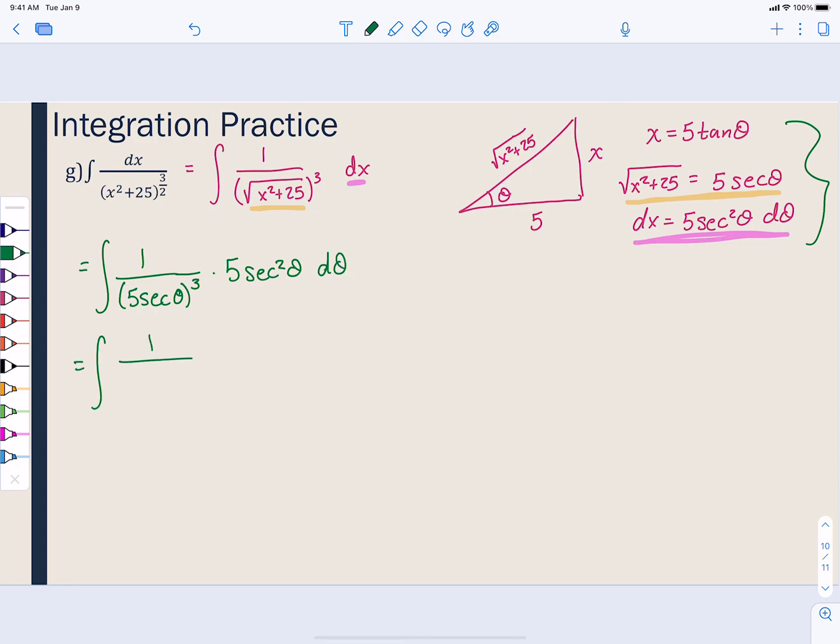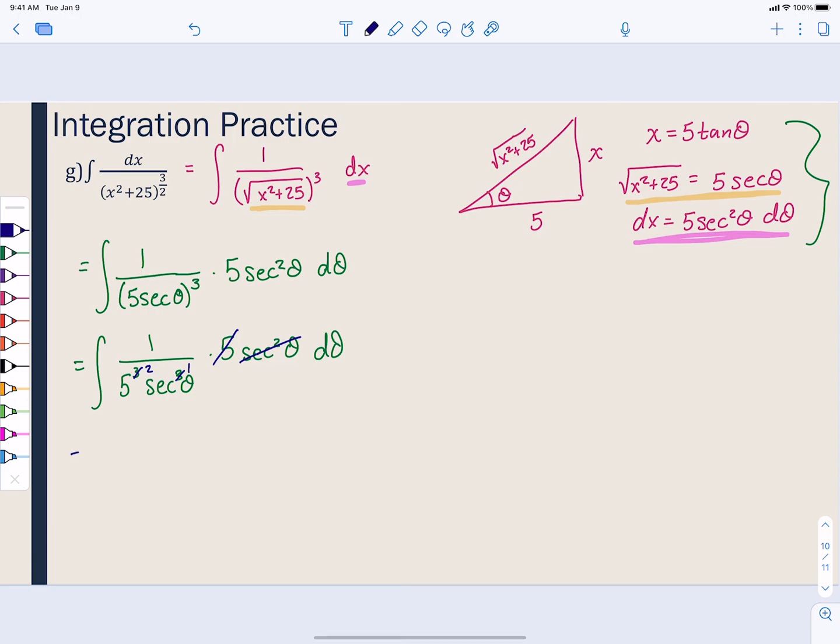So there's a lot of things that cancel here. We've got 5 to the third power, and we've got secant to the third power, and then 5 secant squared of theta d theta. So what all is going to cancel here? 2 of those there are going to cancel with 1 of those on top there, and 2 of these here are going to cancel with all of those.